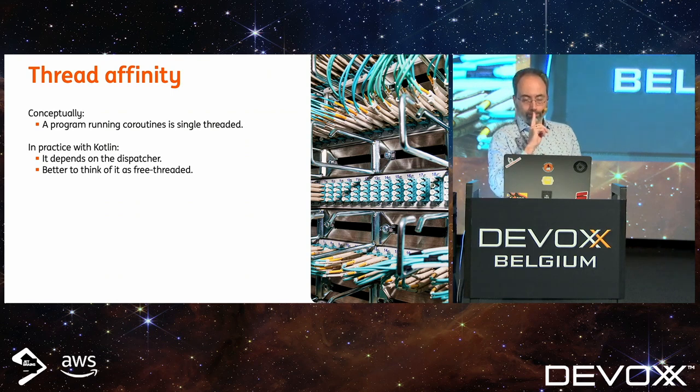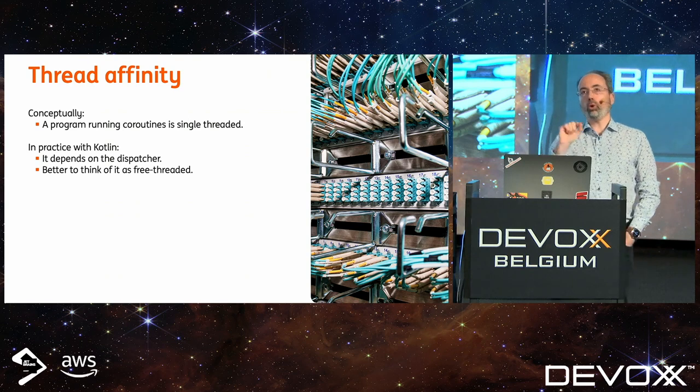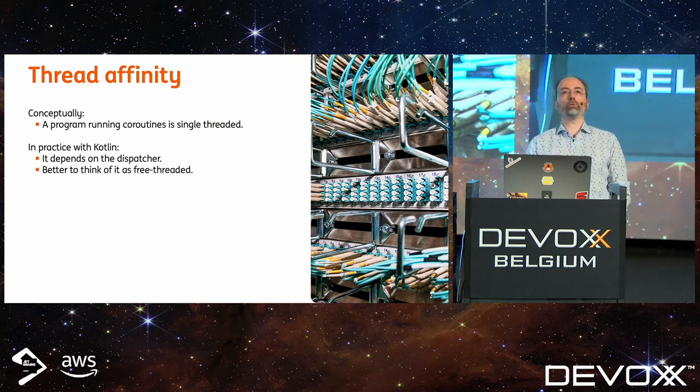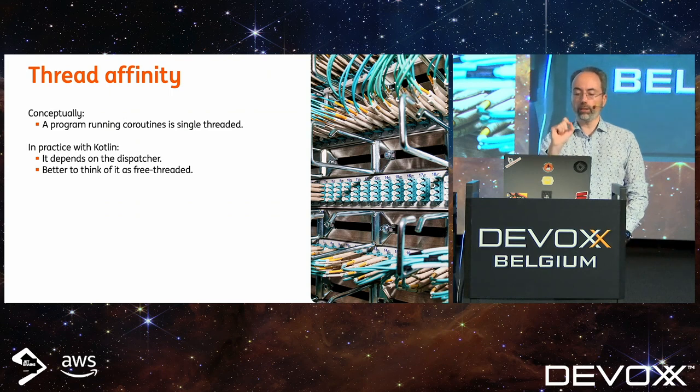Now, this is where we are going to spend a couple of minutes on. Thread affinity. Until now, all the output we have seen from the code we executed using the loggers, all of those lines have said that the code was running on the main thread.